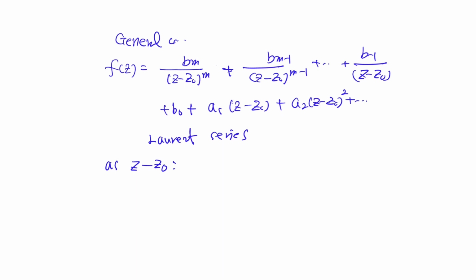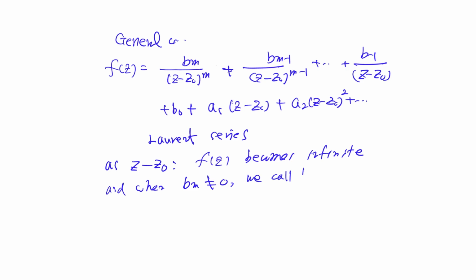Before the first term, f(z) becomes infinite. And when b_m is non-zero, we call f(z) a pole of order m.